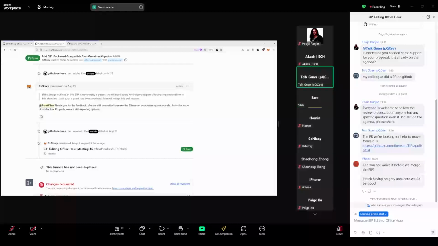But yeah, it's definitely difficult. We've made a few attempts to get a patent waiver into the process, but like I said, none of us are lawyers. We're all technical people, so we're very hesitant to even wade into that area without some legal support.